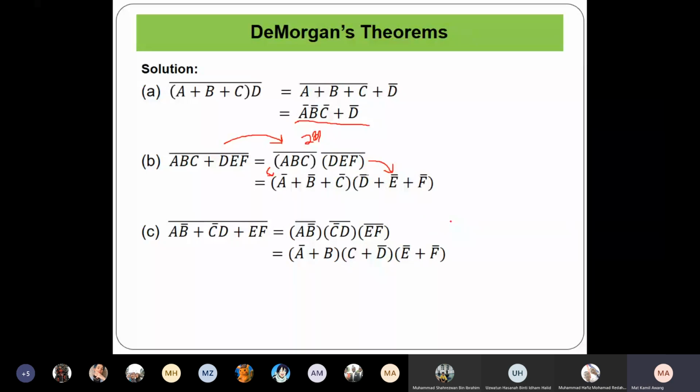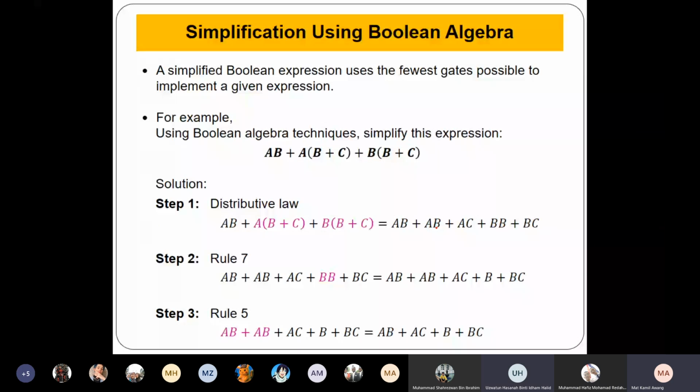For C, you use the second theorem, then you use the first theorem. Okay, clear? Very easy if you understand.